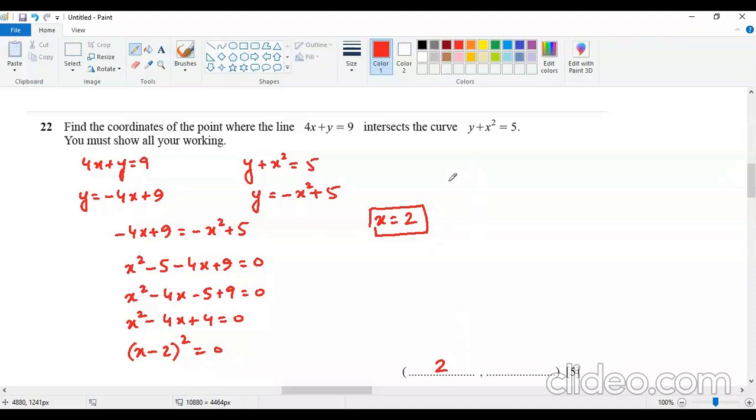The question is saying the value of y equals 9 minus 4x. So substituting the value of x into this equation, we are going to get 9 minus 8, which is 1. So this is the value of y.